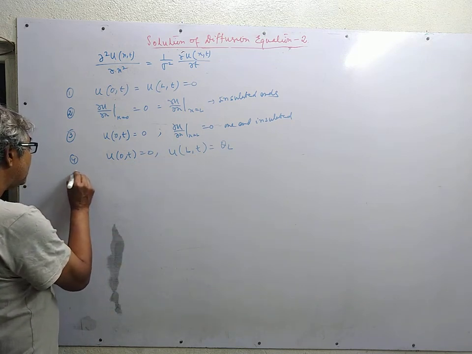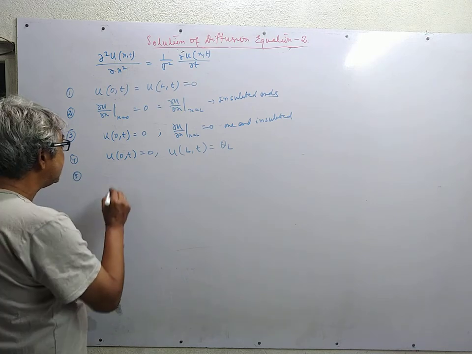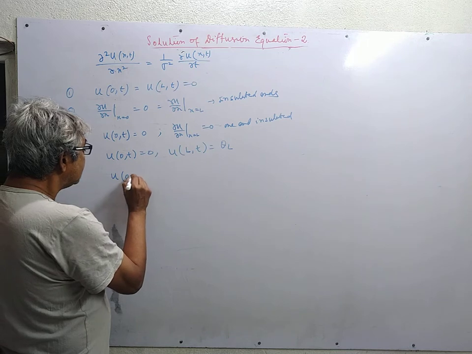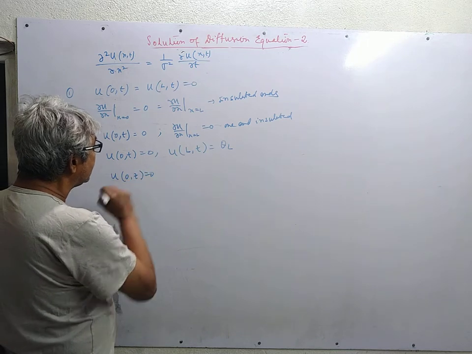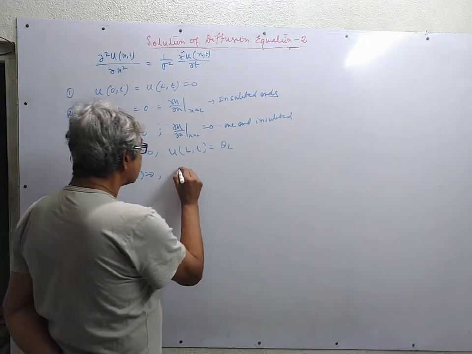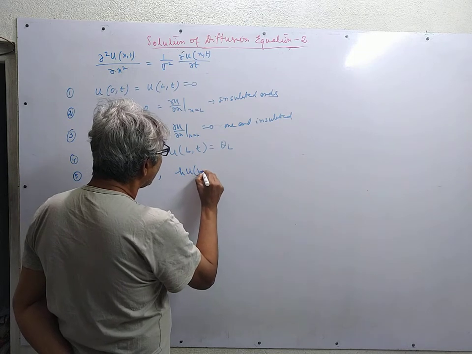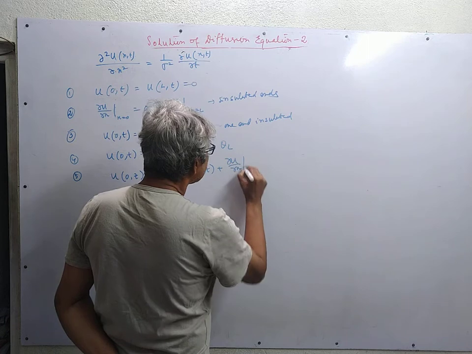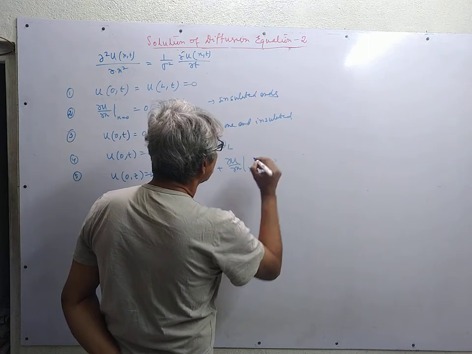And finally, we solve when there is a heat exchange allowed at one end, u of 0,t is equal to 0, and another is h u of L,t plus del u del x at x equal to L is equal to 0.